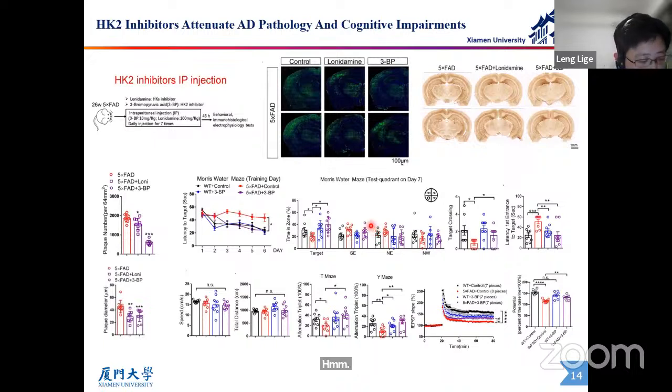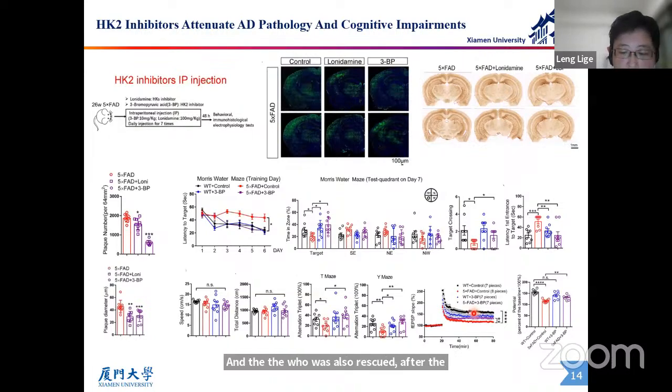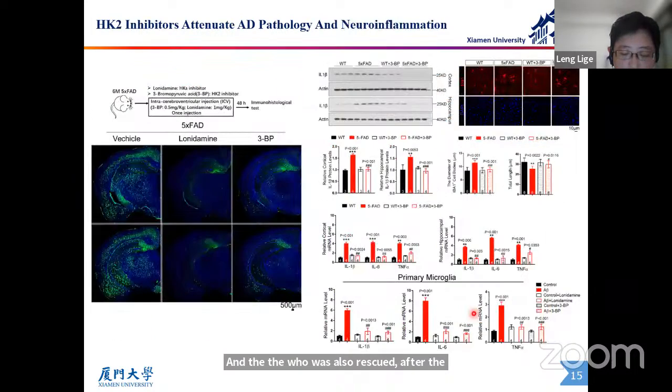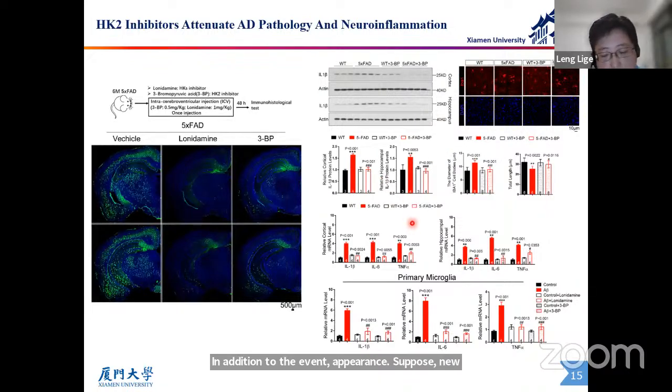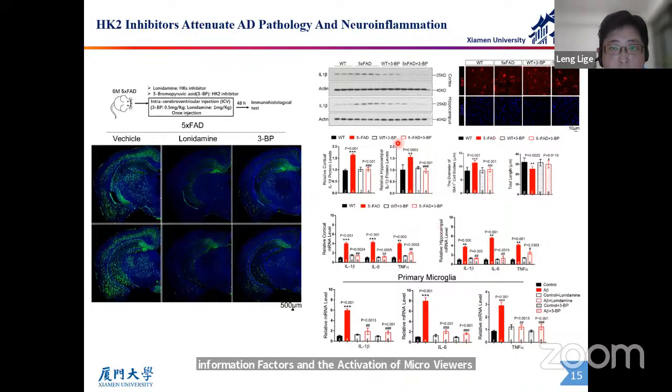And the synaptic LTP was also rescued after the HK inhibitor treatment. In addition to the A-beta clearance, both neuroinflammation factors and the activation of microglia were also alleviated by the 3BP administration.